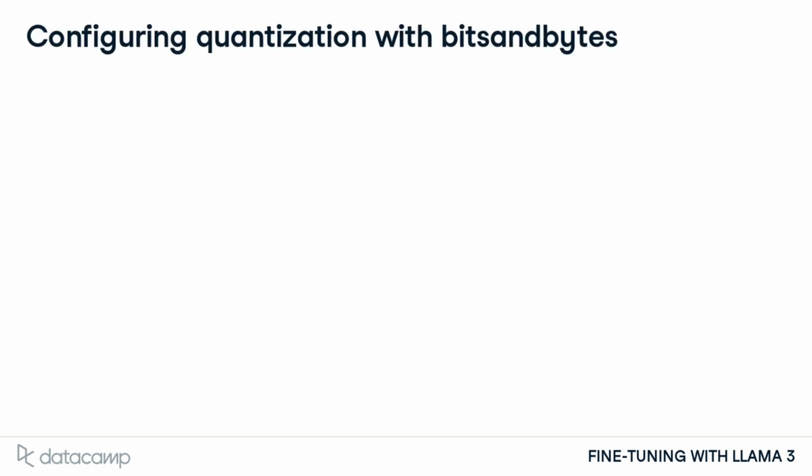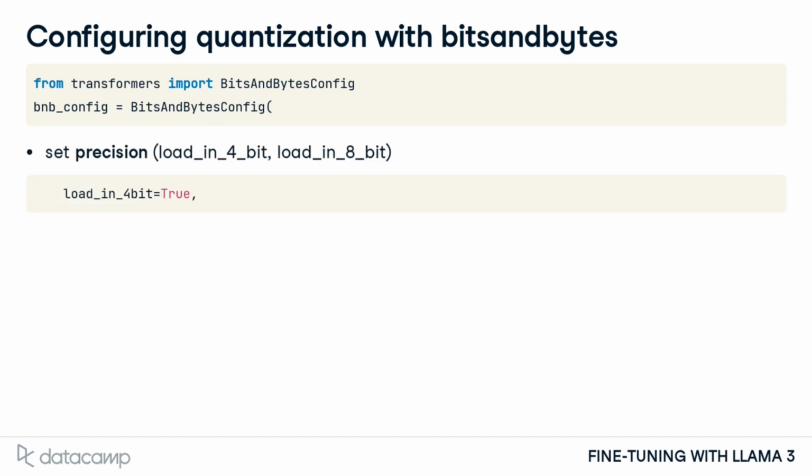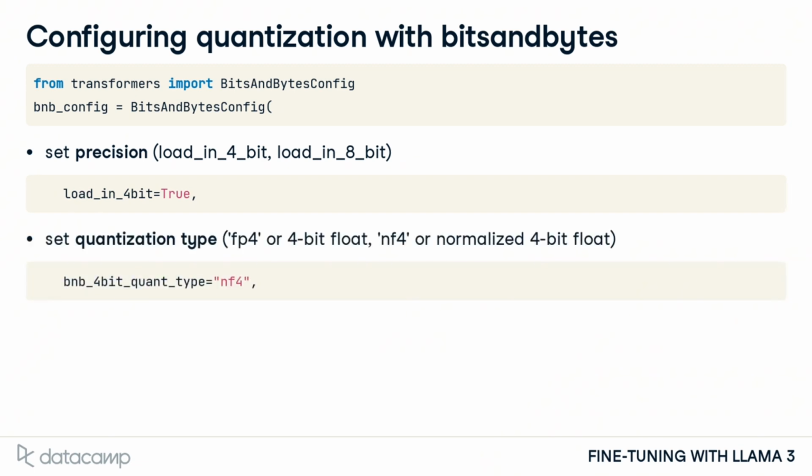To use quantization, we installed the bits and bytes library via pip. Within our Python training code, we import bits and bytes config. We instantiate the quantization configurations with bits and bytes config, choosing the desired precision, 4-bit or 8-bit, and quantization type, a regular 4-bit floating point, or normalized, which is a form of quantization more resistant to outlier values.